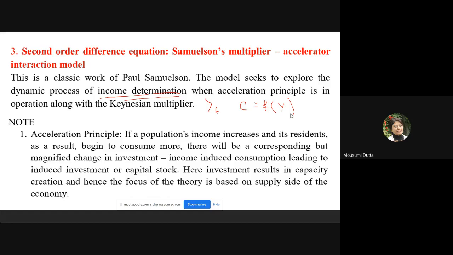Do you have idea about the MPC, marginal propensity to consume? Yes, ma'am. In the equation C is equal to A plus BY, this B is the MPC, marginal propensity to consume. And we consider B to be, what is the range for B? 0 to 1. Yeah.